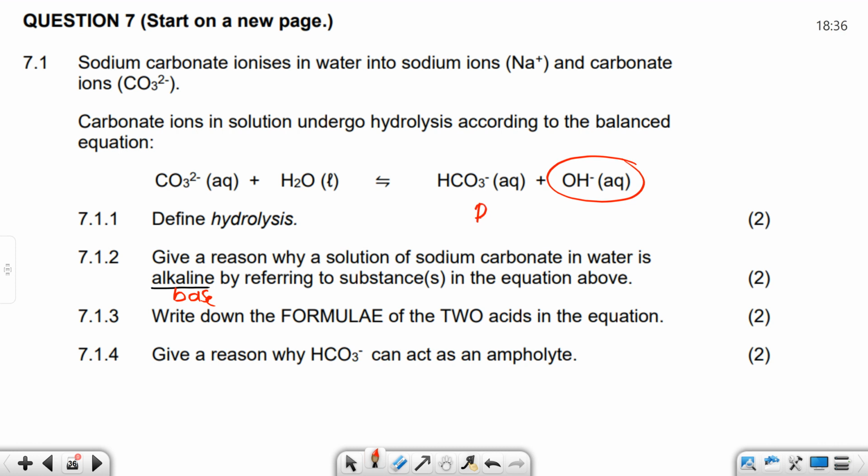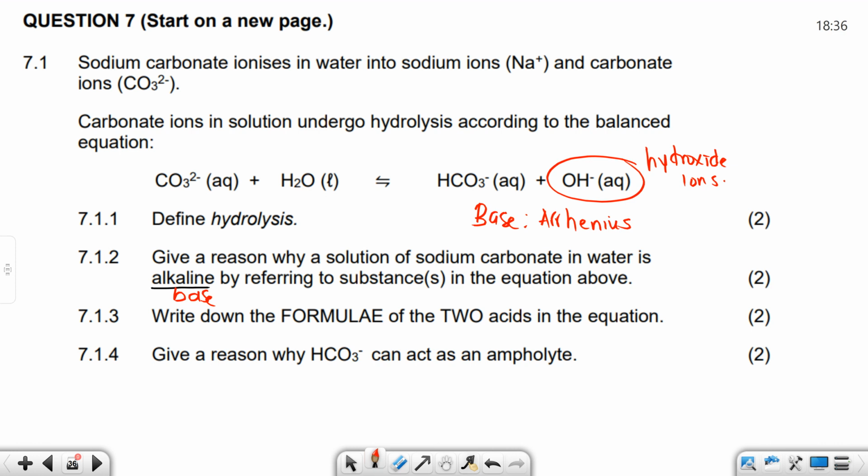This is a base in terms of Arrhenius: a substance that forms hydroxide ions when dissolved in water. Because of that, OH minus is called hydroxide ions, and a substance automatically is a base. If it forms hydronium, then it is an acid.